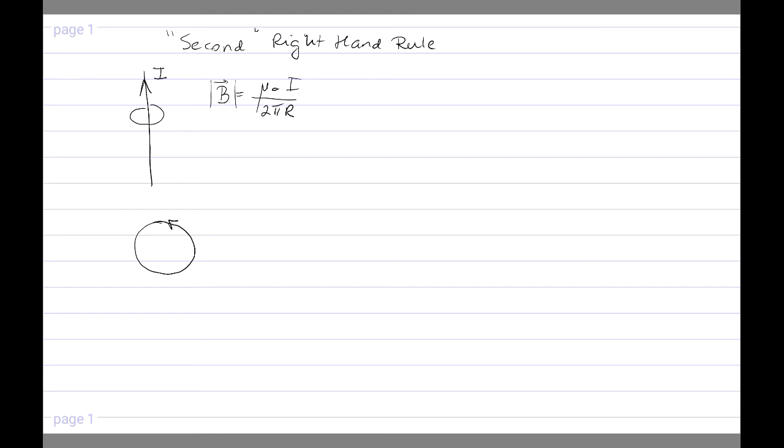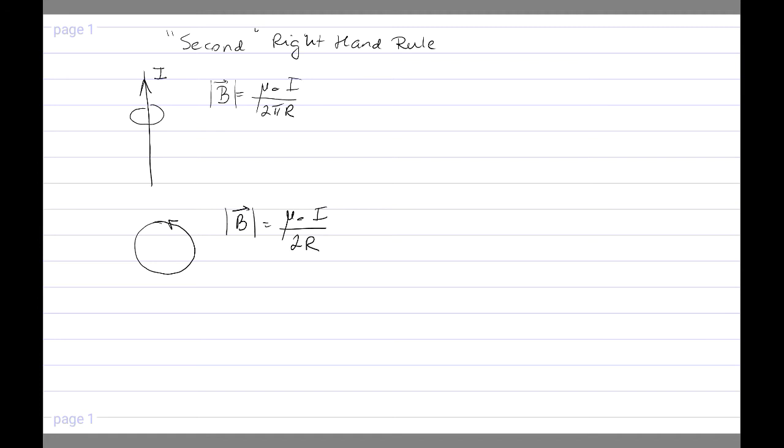The magnetic field outside the loop is negligible. So always make sure that you're only looking for the magnetic field inside that loop. The equation for the magnitude is mu naught I divided by 2r. So it's very similar to the equation that I wrote above, but this one doesn't have the pi in it.